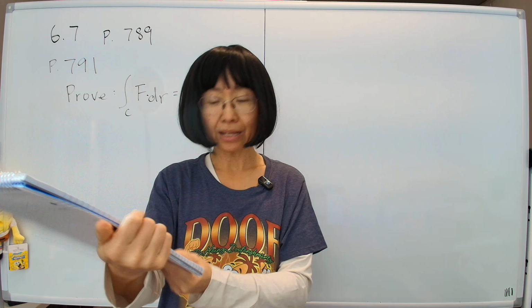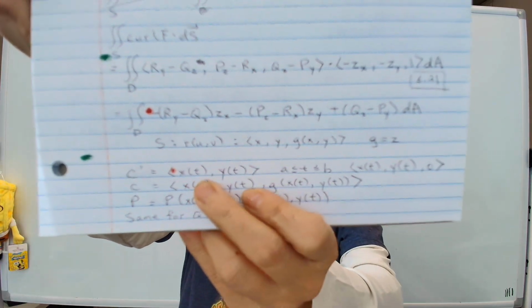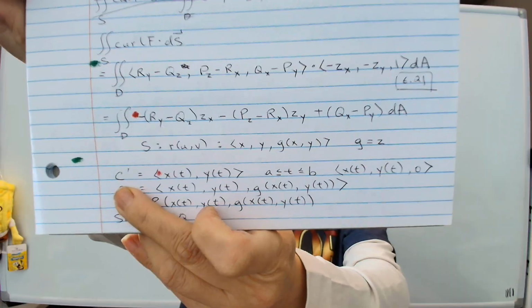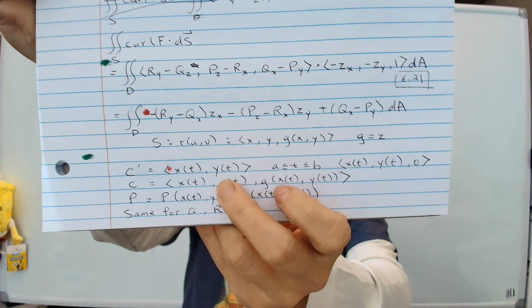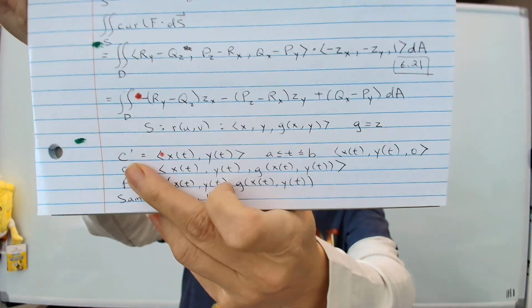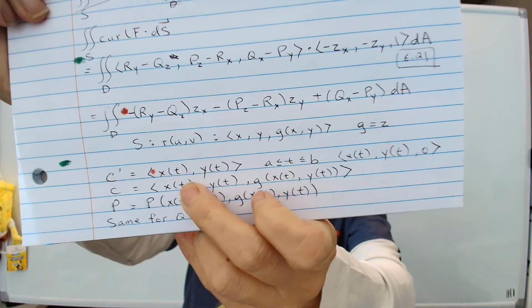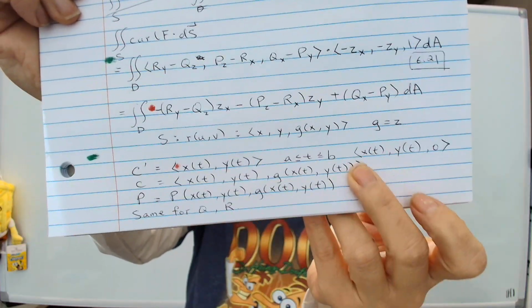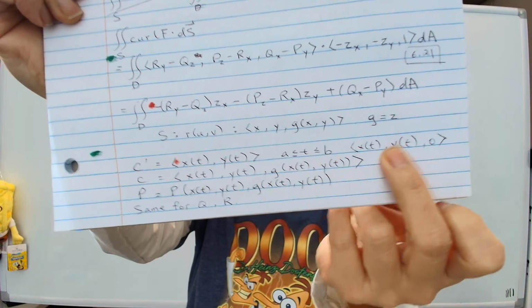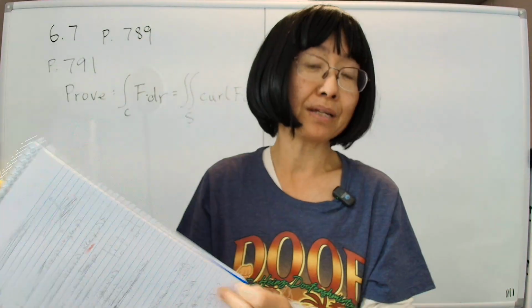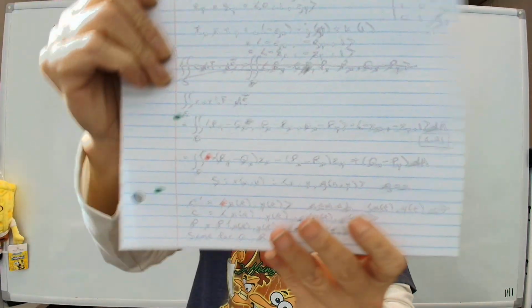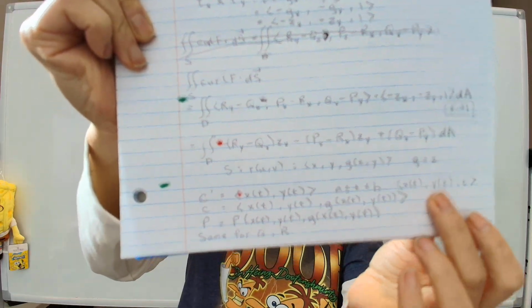Then let's call it (x(t), y(t)). Okay, we don't know what it is yet, but we know we found it. There's a way to parameterize the shadow's boundary, that is D's boundary. Then C prime, the boundary of the shadow, will be represented as (x(t), y(t)). And your book didn't say the third coordinate, but I just added that the third one is 0, being that it's on the xy plane, z equal to 0. So that's the entire parameterization.